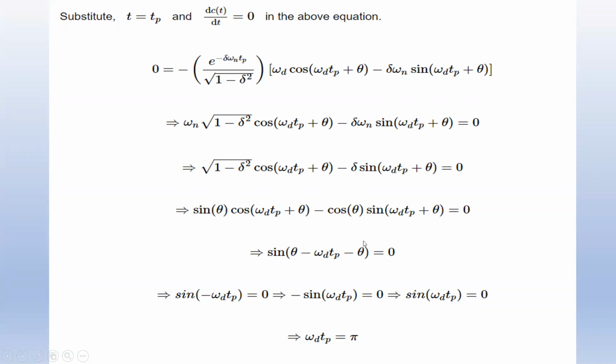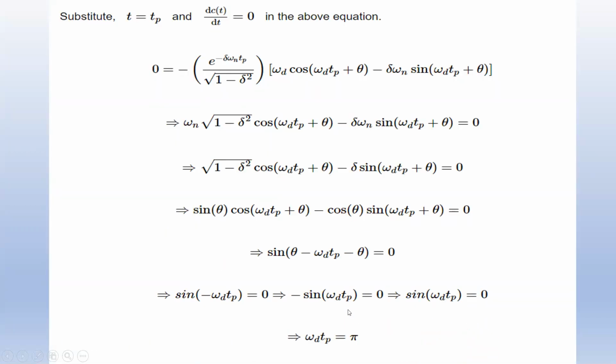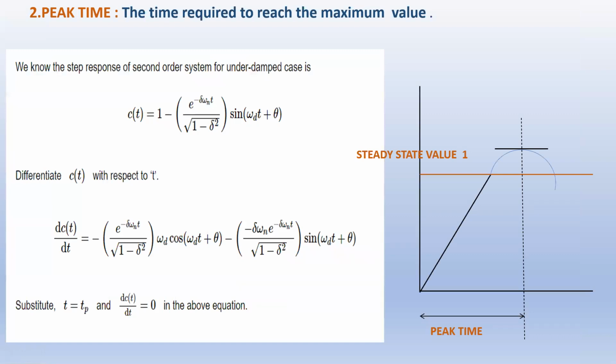The theta cancels out, and minus omega d tp is left in the sine term. If we equate this to 0, then looking at this graph, the slope becomes 0 multiple times, because if we extend this sinusoid, it will have maximum values over here as well.